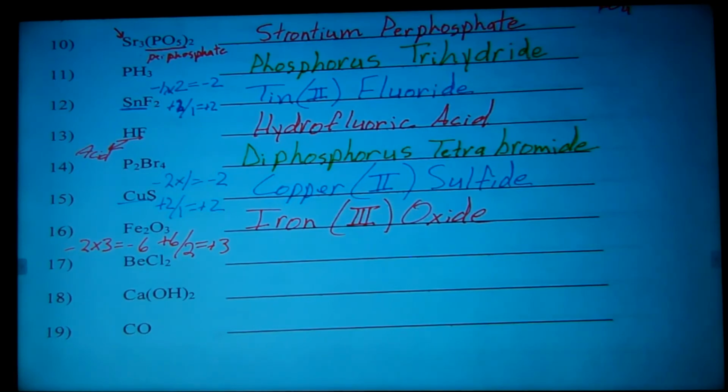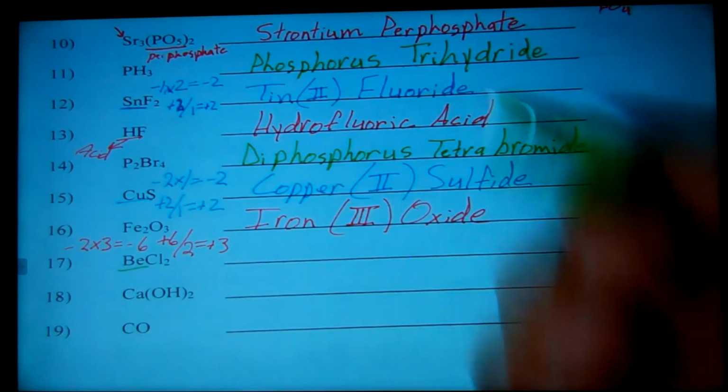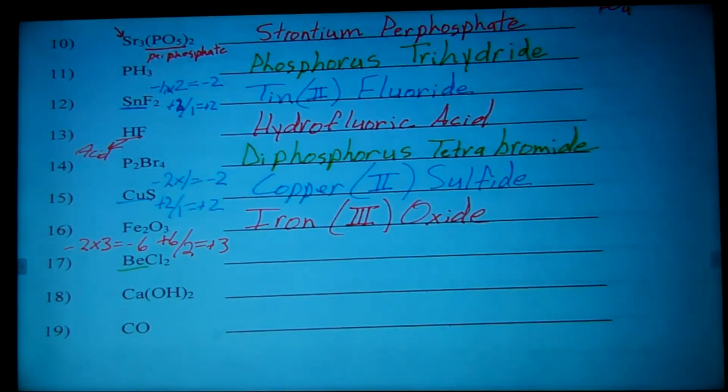17 is BeCl2. In this case, 2 elements, no charge, which means no polyatomic. So we have to look at it. Be is beryllium, which comes from the left of the staircase, a metal bonded with Cl from the right of the staircase, which is a nonmetal, which means ionic bond. Look at the cation, beryllium, atomic number 4, and beryllium has a fixed charge because it comes from that second column.